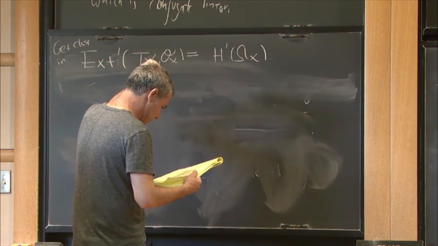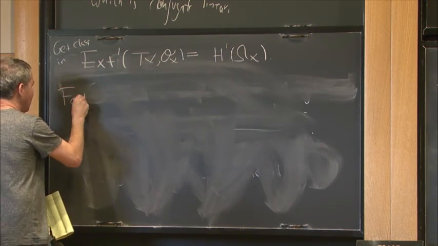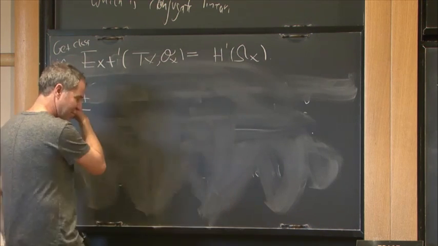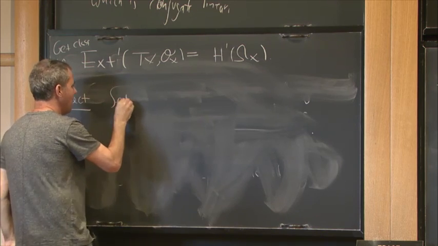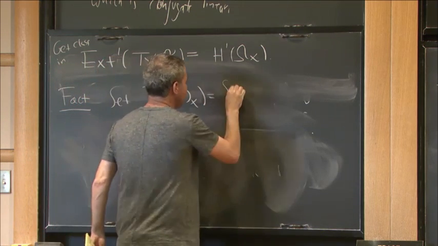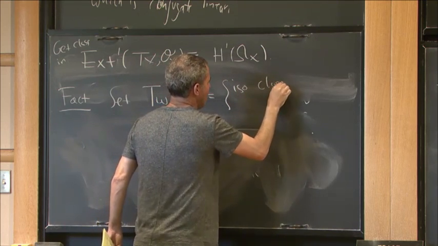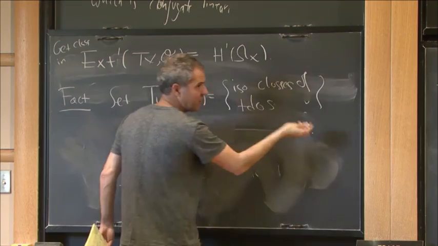You know, there's a fact. Let me just say the fact, and then maybe I'll give a little bit of an explanation. So let's set TW of D_X equal to isomorphism classes. They call these rings of twisted differential operators, TDOs.